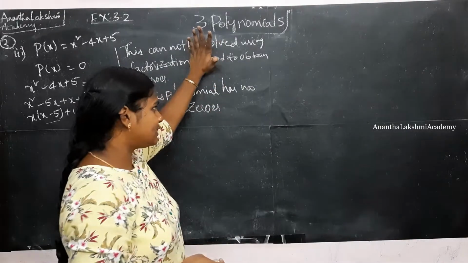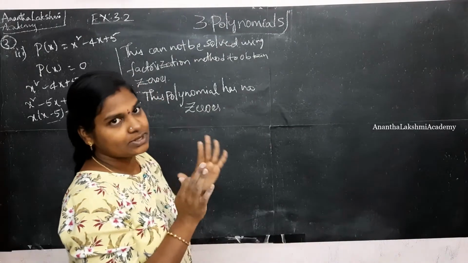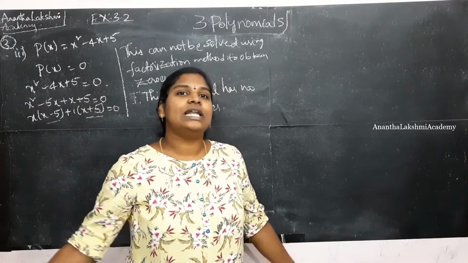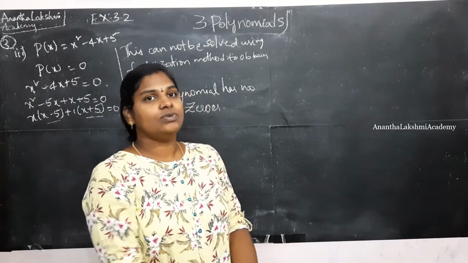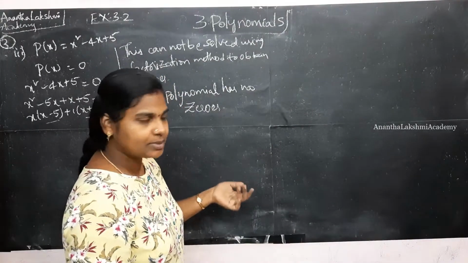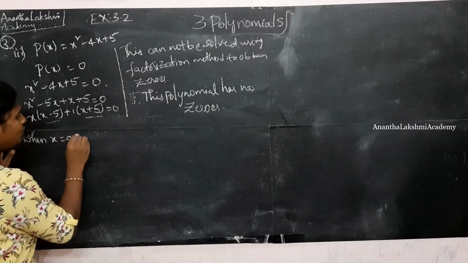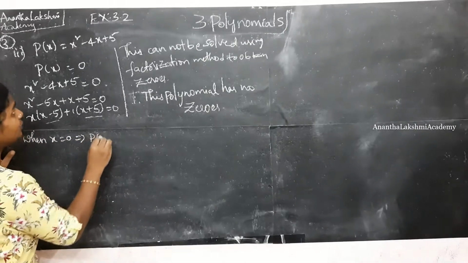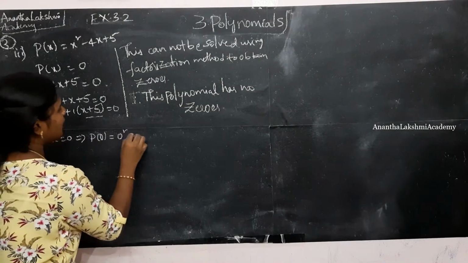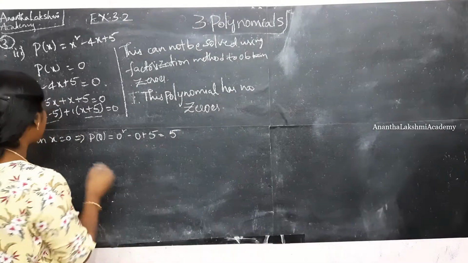In the factorization, I have concluded that this has no zeros as I am not able to express it using the factorization method. So let's try figuring it out using graphical representation, geometrical representation. When x is equal to 0, p of 0 is going to be 0 square minus 0 plus 5, which is nothing but 5.